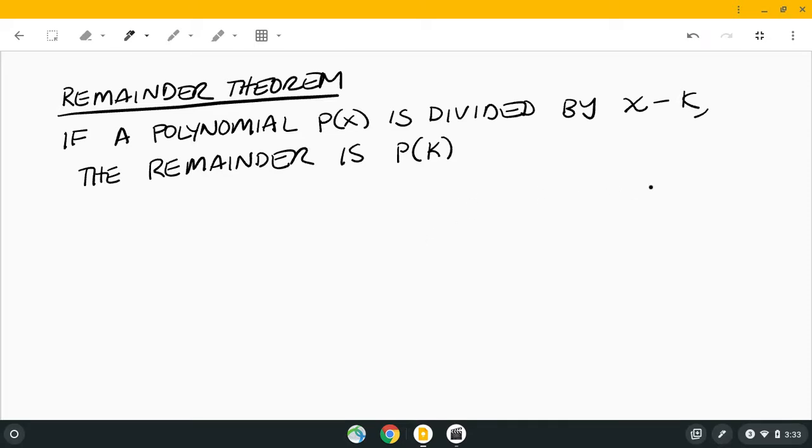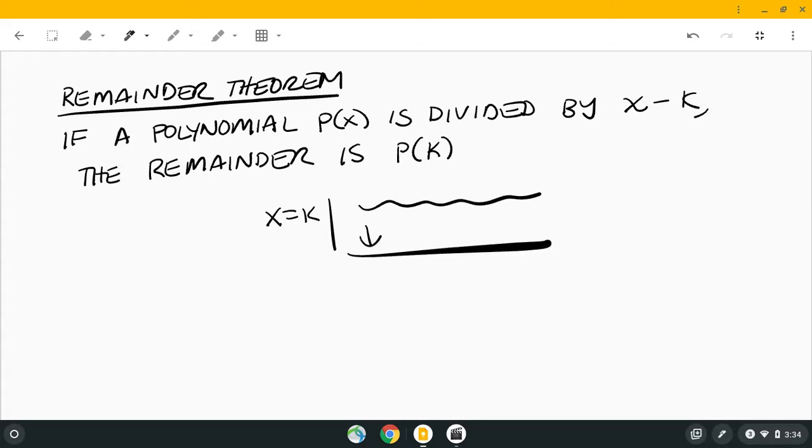So here, let's go ahead and set it up. When you do this, if you're dividing by x minus k, then over here we would have k, and then over here you would have your polynomial, and then you would do your synthetic division. You get numbers over here, and then you get a number right here.